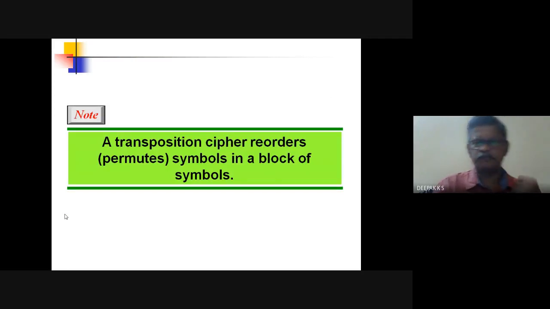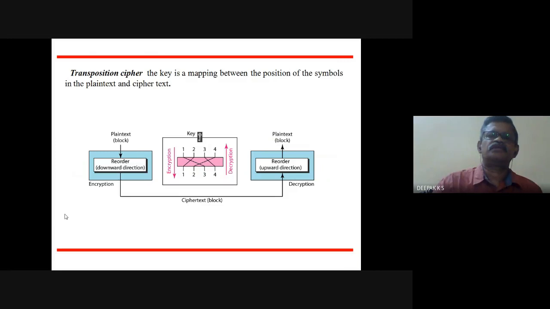Now the transposition cipher reorders or permutes the symbols in a block of symbols. Here, this is another way in which the first one would be reordered to the third position, the second to the first, the third to the fourth, and the fourth to the second.